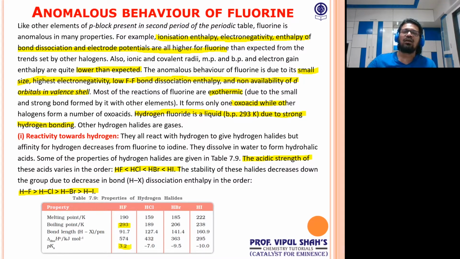What is the formula? pKa is minus log of Ka to the base 10. So larger the value of Ka, lower is the pKa, and lower the pKa, stronger the acid. Now all of them have negative values of pKa, meaning they are highly strong. HF has a positive value. So that's why it's a weak acid. Clear everybody? Okay.